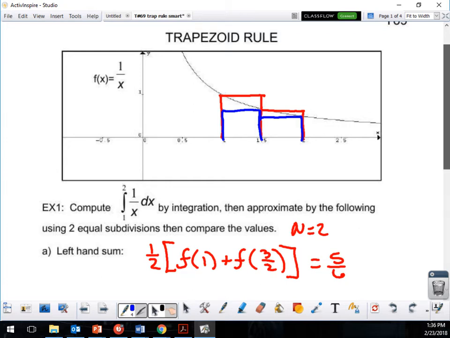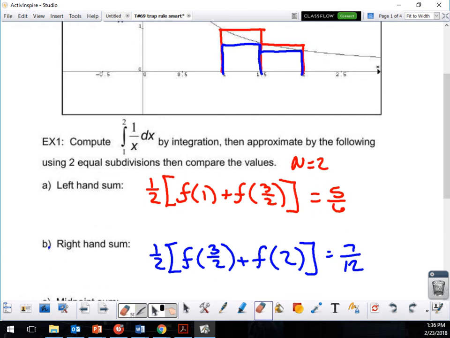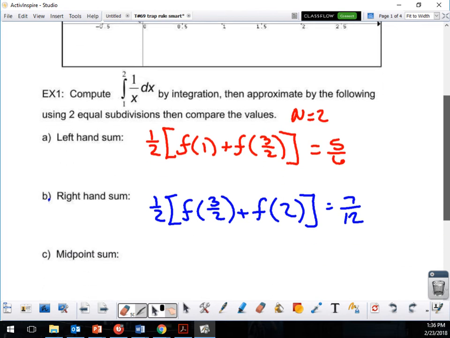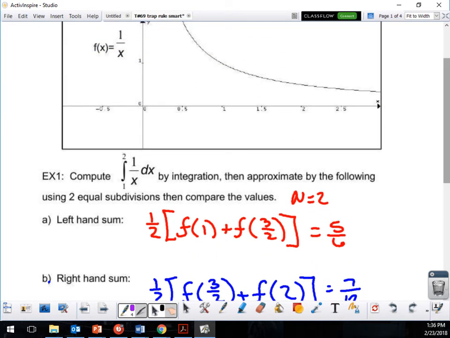Now let's clear off what I have up there right now, and I'm going to do the midpoint. That one gets purple. For the midpoint, I still have my endpoints, and my delta x is still the same.